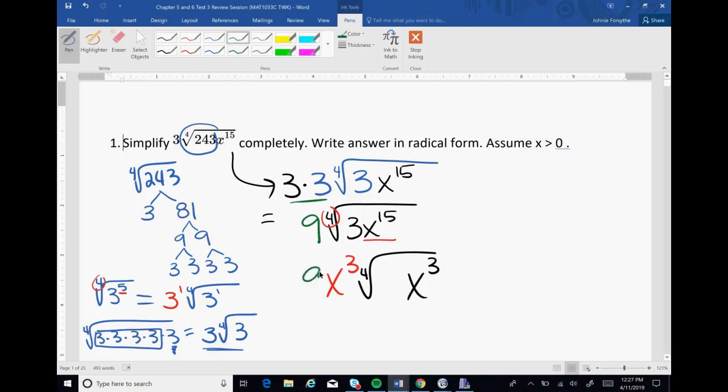Remember that 9 is still on the outside, and this 3 is still under the radical. So my final answer is 9x to the third times the fourth root of 3x to the third. I can't further simplify the fourth root of x to the third because the 4 index is bigger than this x to the third exponent.